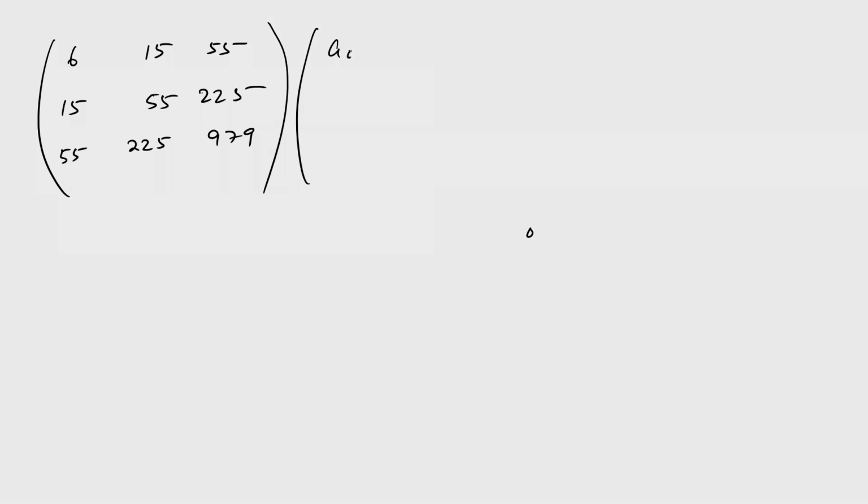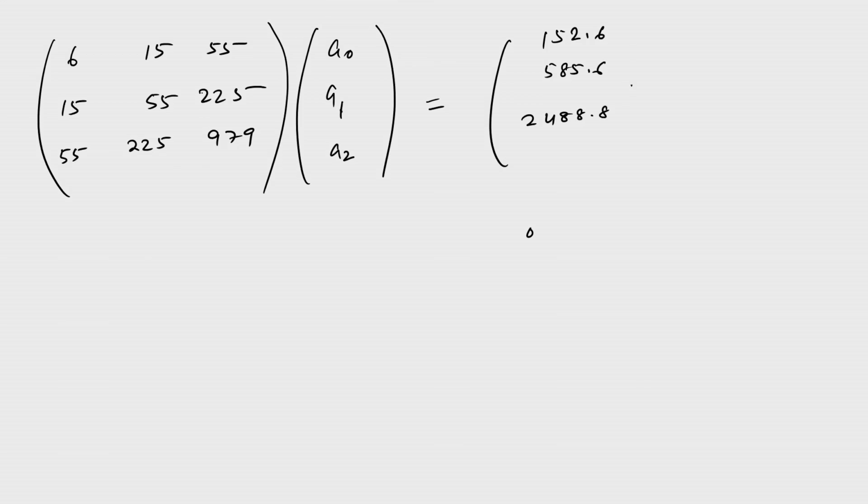So, it is 6, 15, 55, 15, 55, 225, 55, 225, 979, and this is A0, A1 and A2, and this is equal to 152.6, 585.6, 2488.8.